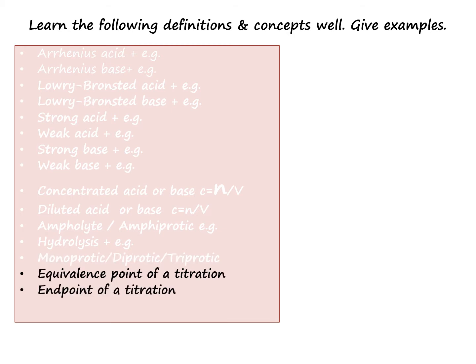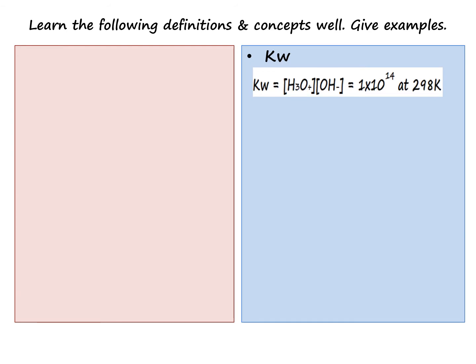The equivalence point of a titration is the point at which the acid has completely reacted with the base, and vice versa, where the base has completely reacted with the acid. The end point of a titration is the point where the indicator changes color. Kw can be defined as the equilibrium constant for the ionization of water, or the ionic product of water, or the ionization constant of water.